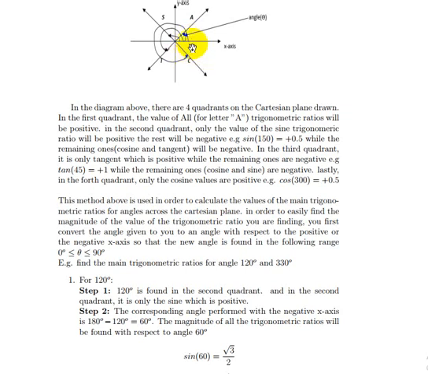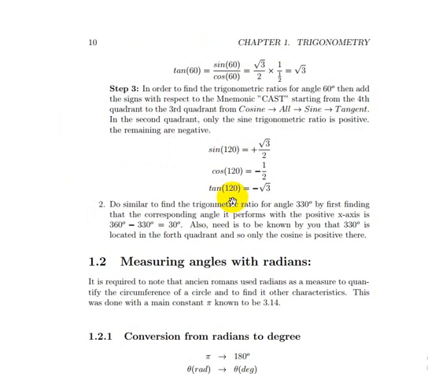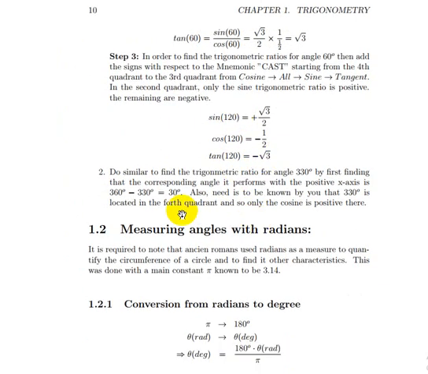Now, when you have this 30 degrees, we are going to find the magnitude of each ratio using 30 degrees. So sine 30, you know, is half. Cos 30 is going to be root 3 over 2, and tan 30 is going to be root 3 over 3. Now, the next point is to find the sign of each one.